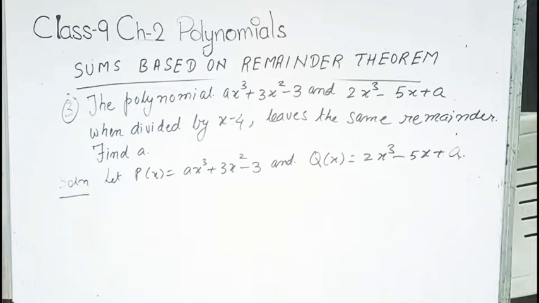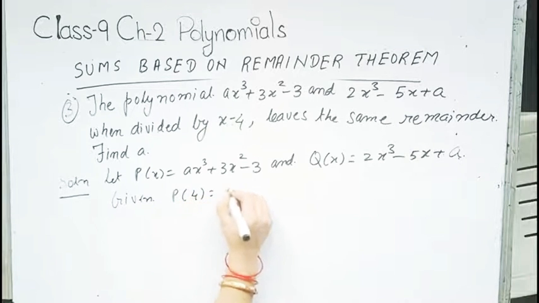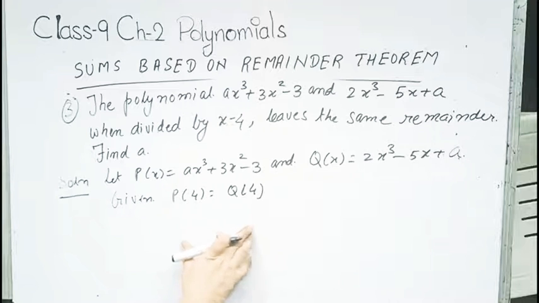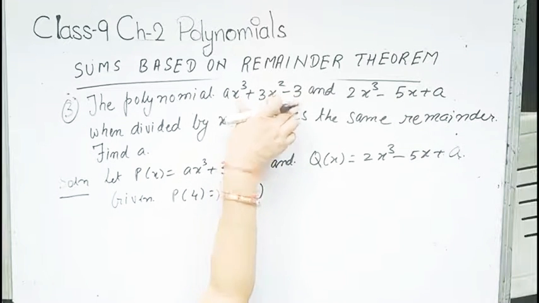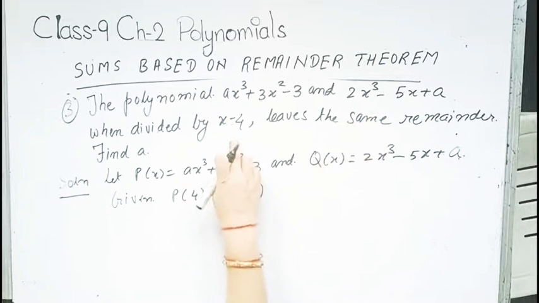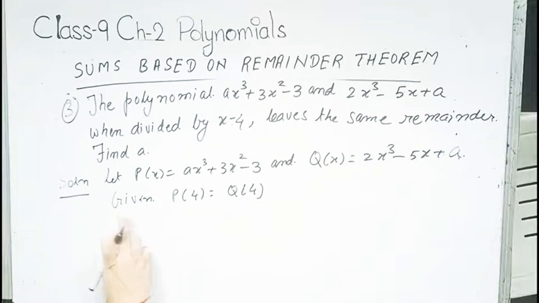Given P(4) equals Q(4). Or you can write the statement: since when this is divided by x minus 4, remainder will be P(4), and when this q(x) is divided by x minus 4, remainder will be Q(4). I have written it directly. You can write that statement and then write given P(4) equals Q(4).